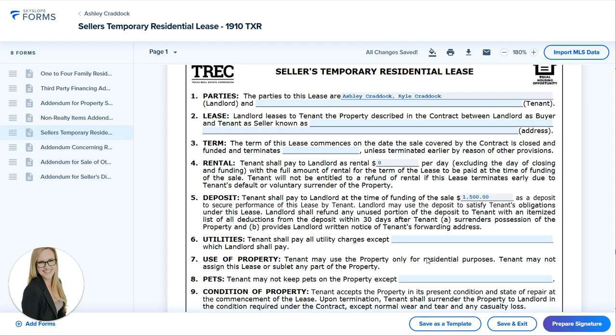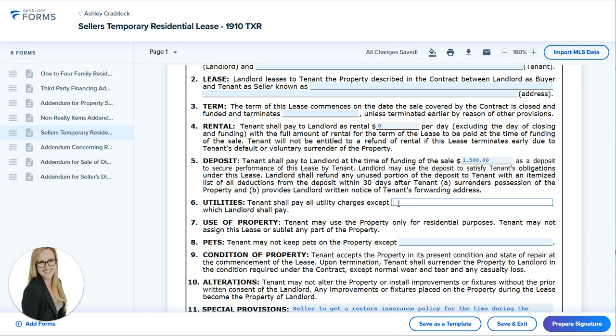Normally here, the buyer, or the landlord, is not responsible for utilities. The seller, the one that was the owner, is going to keep their utilities going, so they are responsible. So I put none there. I normally write into here already living in property.